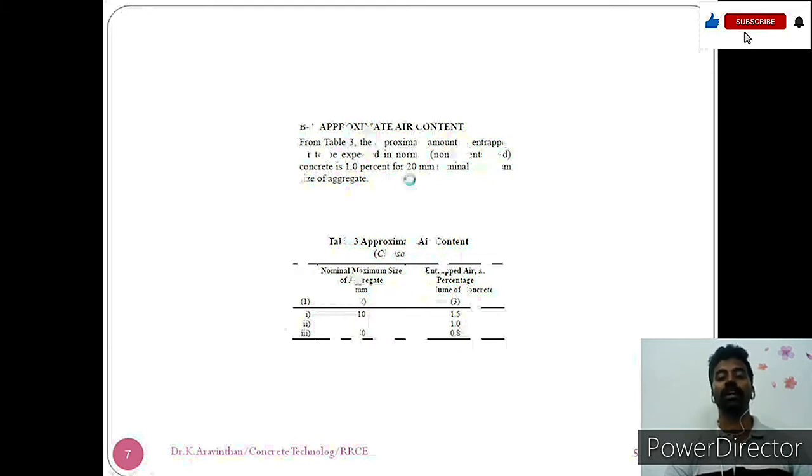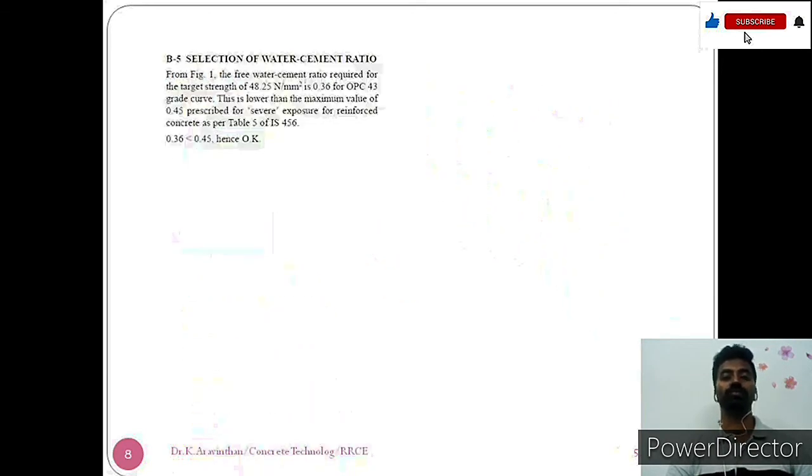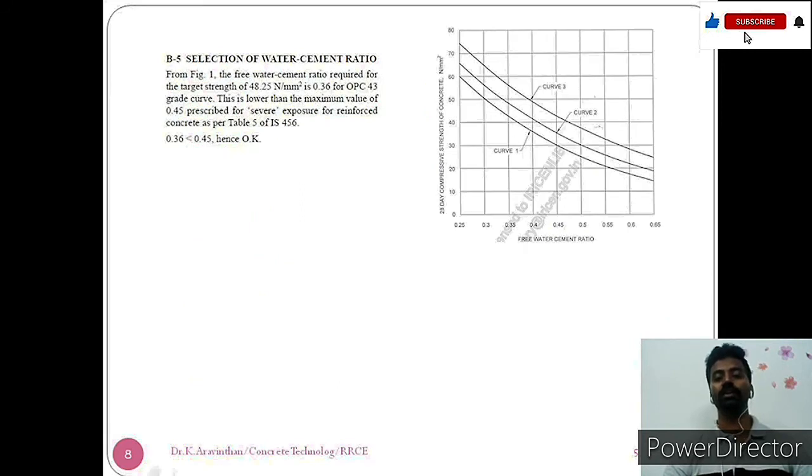Next thing is the water cement ratio. Here we will be using Figure 1 of IS 10262. Our targeted strength is 48.25. There are 3 curves here. Curve 1 is for OPC 33 grade, curve 2 is for OPC 43 grade, and curve 3 is for OPC 53 grade.